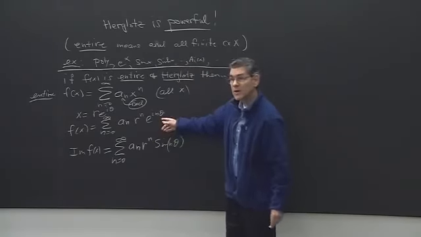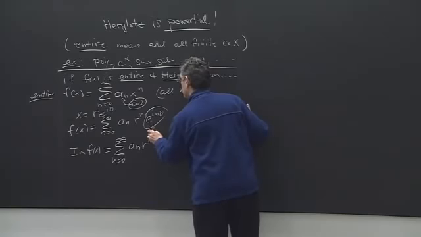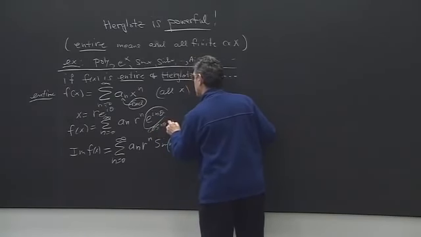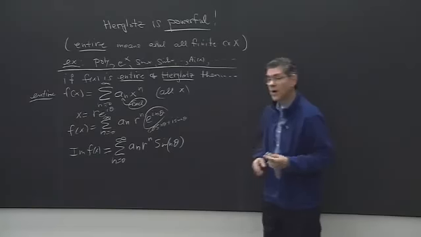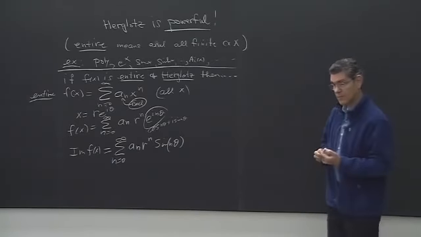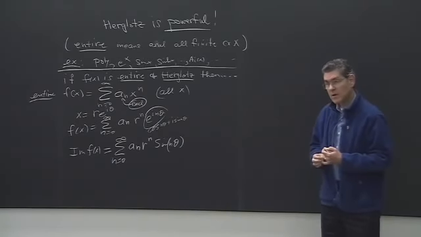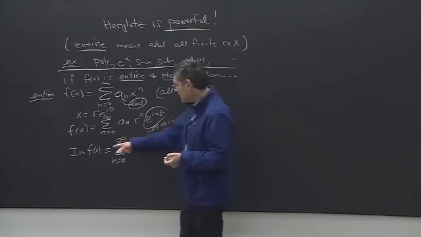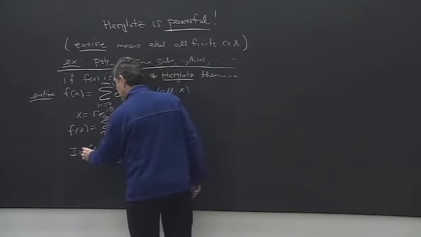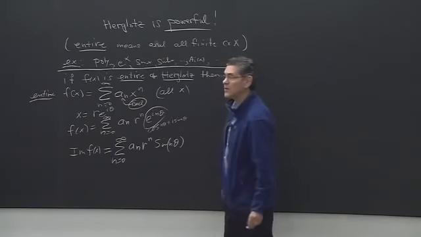E to the i n theta is cosine of n theta plus i sine of n theta. So if we take the imaginary part, you get sine of n theta. Okay, so far? That's interesting. So we have been able to write the imaginary part of f of x as a Fourier series.